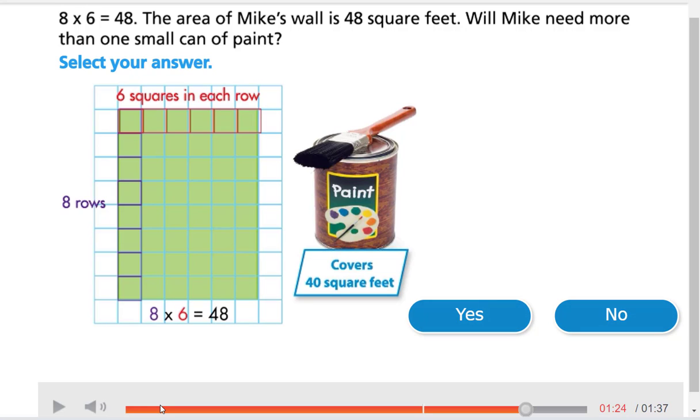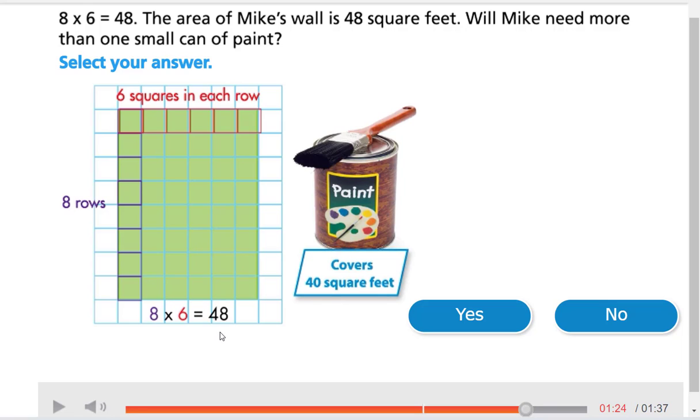Faris? Okay, one can is enough to cover how many square feet? One can of paint can cover 40 square feet. And the area of the wall is 48 square feet.